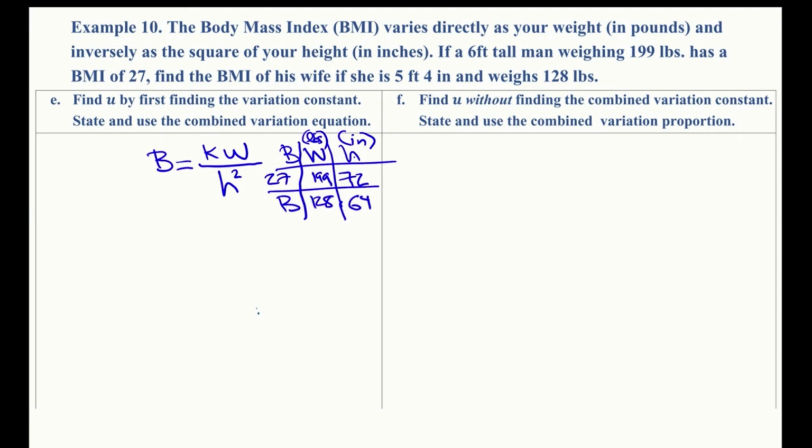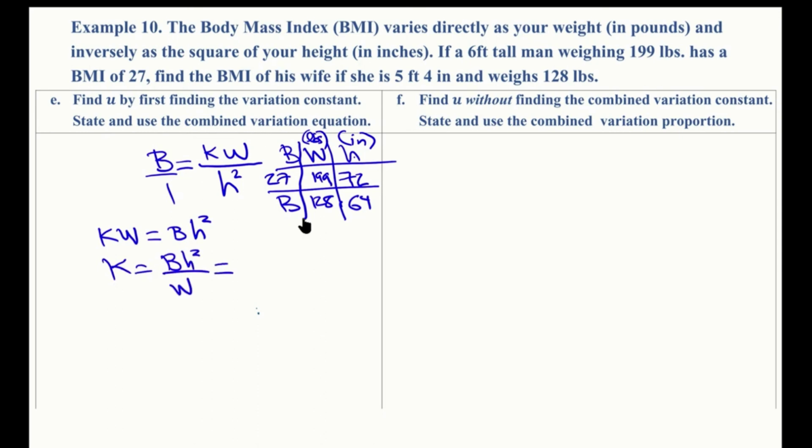So we go ahead and use the first row of the table, given that all the information is known, to find the constant of variation. So why don't we cross multiply and solve for k first? So we have kw equals bh squared. So k equals bh squared over w.